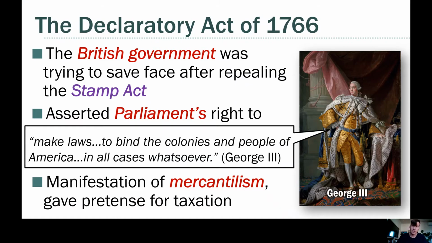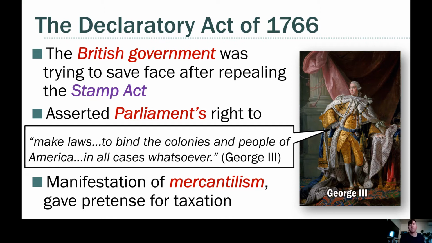The British government was trying to save face after repealing the Stamp Act. So they want to assert Parliament's right to, quote unquote, this is what George III says, make laws to bind the colonies and the people of America in all cases whatsoever. So basically, Britain is showing the colonies who's boss.